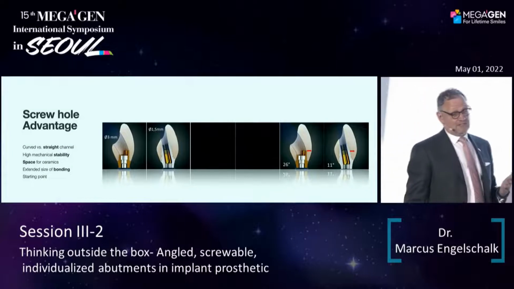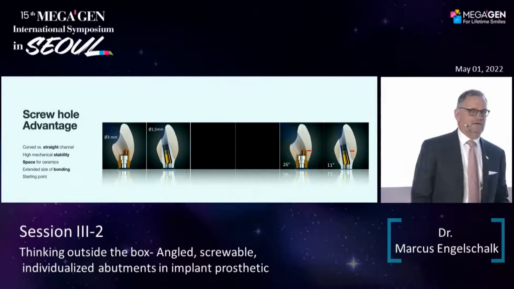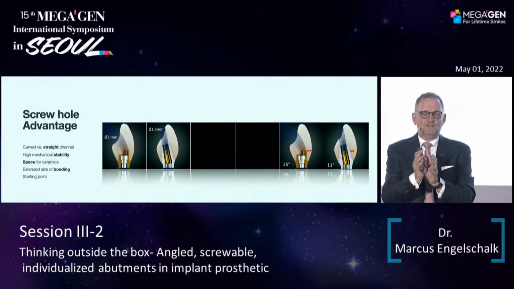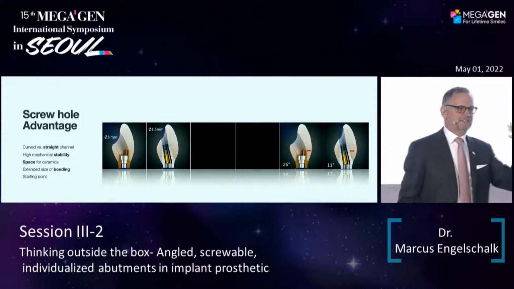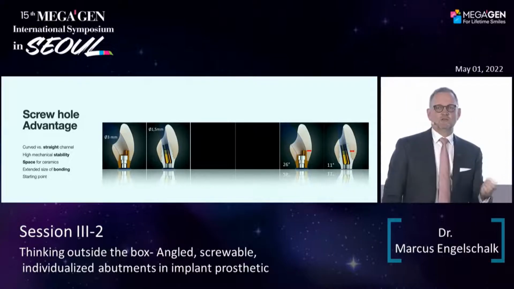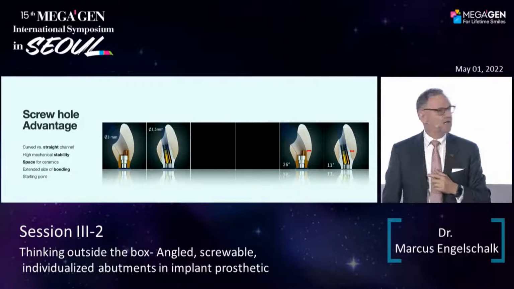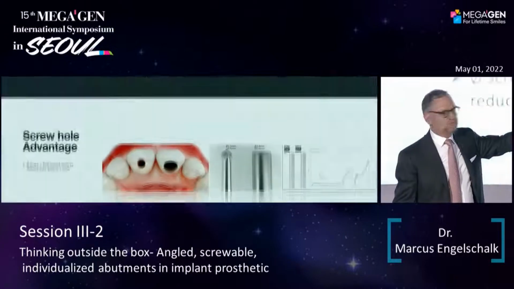The next advantage is the screw canal. If you can reduce the screw canal, you can make the ceramic bigger. You can hide aesthetic problems. You can also give more strength to the reconstruction. That's very important, because you have direct access to the screw.